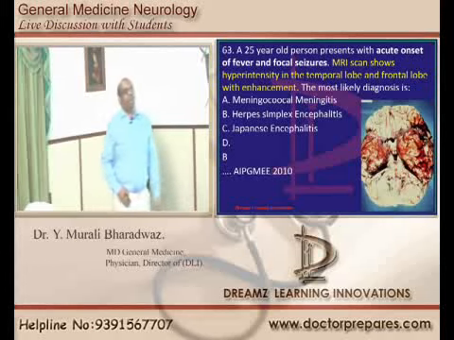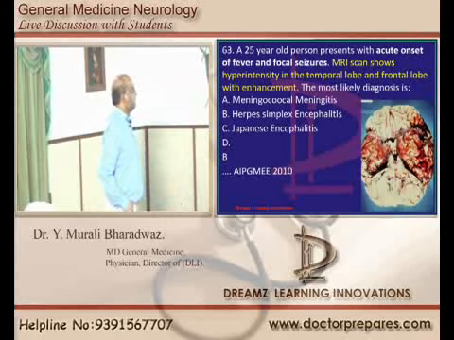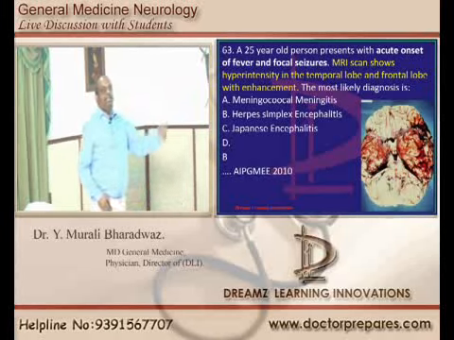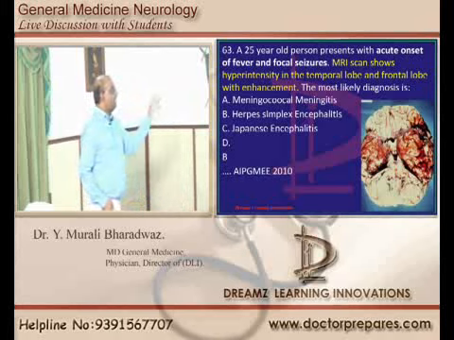Now a 25-year-old person presents with acute onset of fever and focal seizures. On MRI there is a hyperintensity in the temporal lobe and frontal lobe with enhancement. Then what is your diagnosis? Many times we had this similar question. Classical. So HSV encephalitis, the lateral part of the temporal lobe.